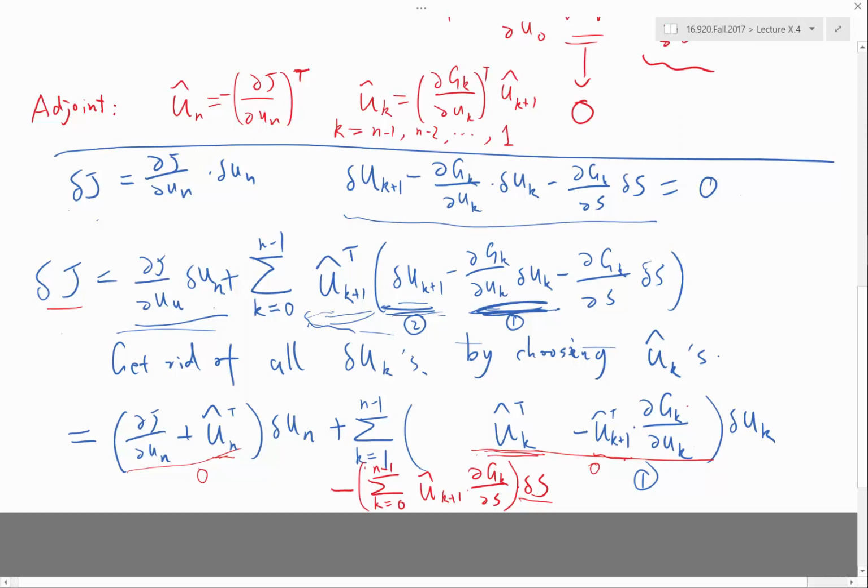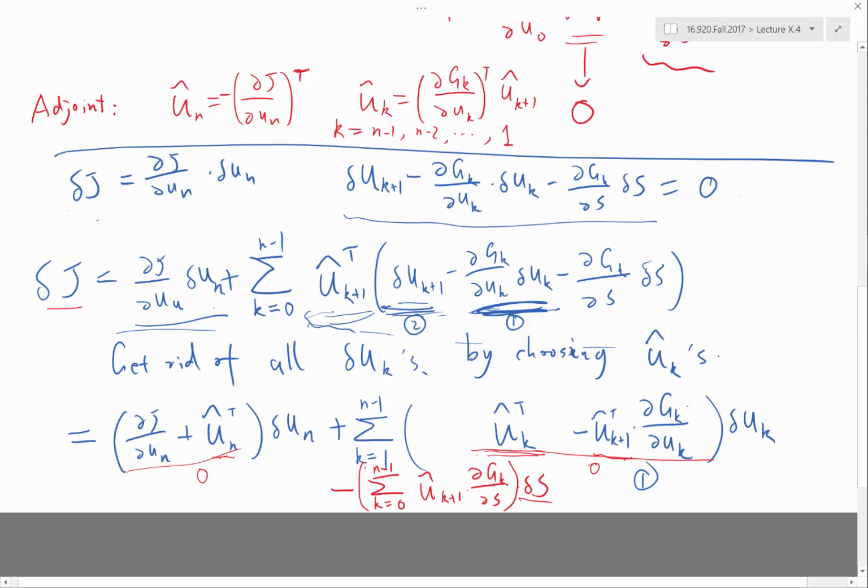Yes? I don't know how you went from saying that the term in the parentheses in the middle of the board is 0 to saying each component is 0. So I know that the sum of the û_{k+1} transpose times blah is 0. Yes. But how did you make the leap and say that those individual components are 0?